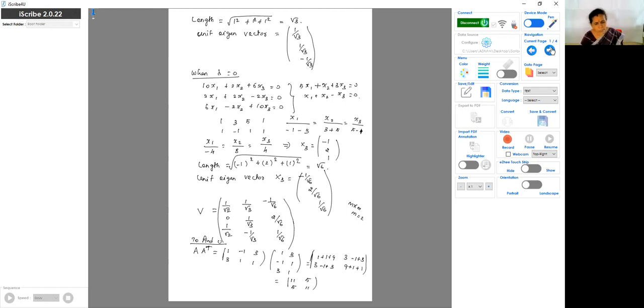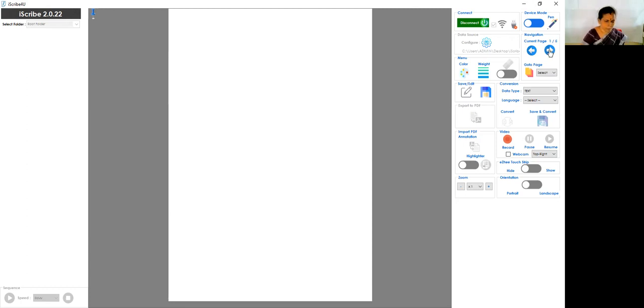So for this 2 by 2, we need the eigenvalues. Since it is a 2 by 2, we write the characteristic equation, which is a quadratic equation: lambda squared minus S1 lambda plus S2 equal to 0.